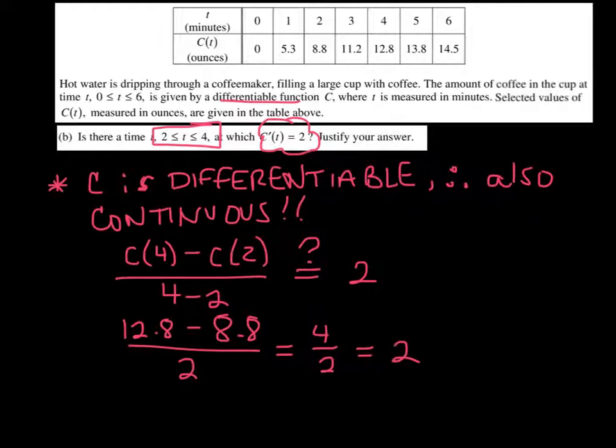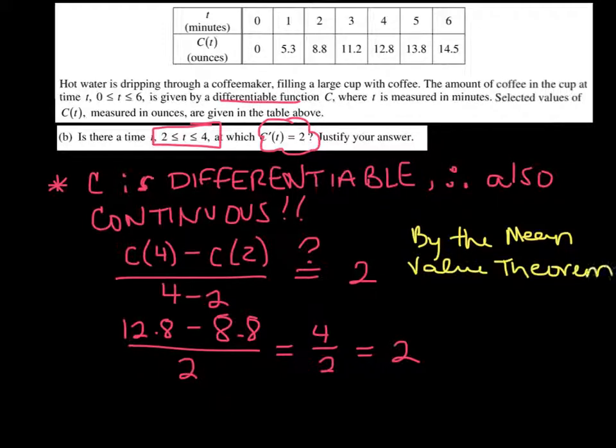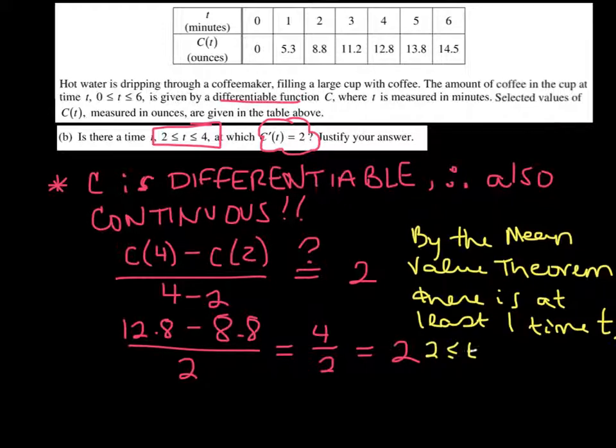So because when I do the slope of the secant, I get 2, which is what I wanted, I am able to make a final concluding sentence that by the mean value theorem, there is at least one time t over the interval 2 less than or equal to t less than or equal to 4 that c prime of t is equal to 2.